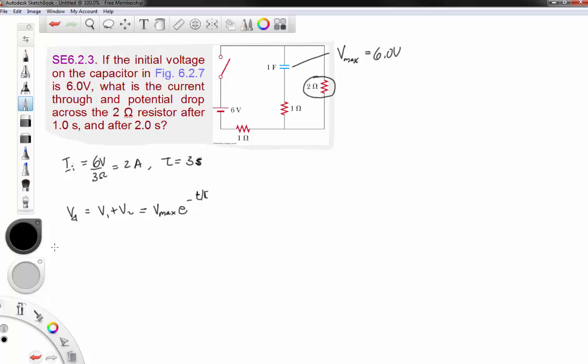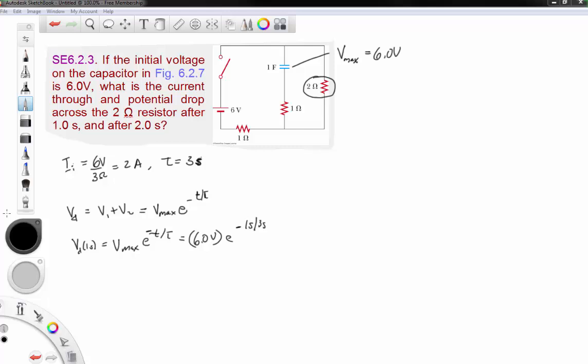So basically what happens is we now can plug in some numbers here. V at 1 second is going to be V max, or 6 volts, times e to the negative t, in other words 1 second, divided by tau. So we'd have 6.0 volts times e to the negative 1 second over 3 seconds.